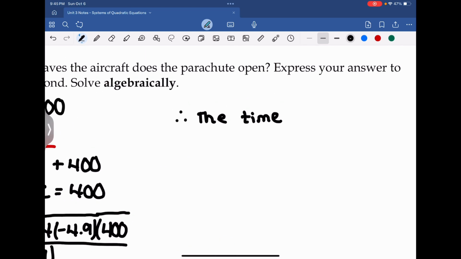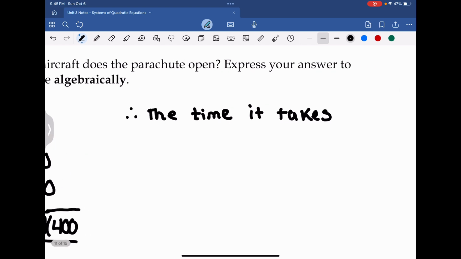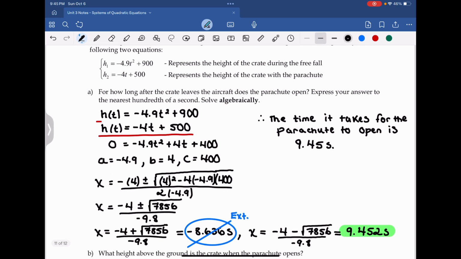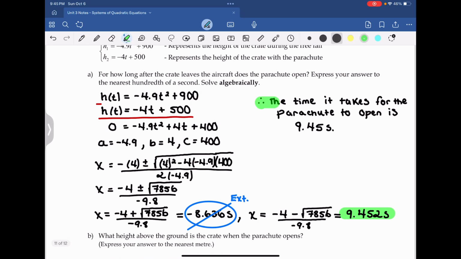The time it takes for the parachute to open is 9.45 seconds. There it is. And just to make sure we have the right solution there, perfect, excellent. We're just going to highlight this all, indicating that we have the total solution here.